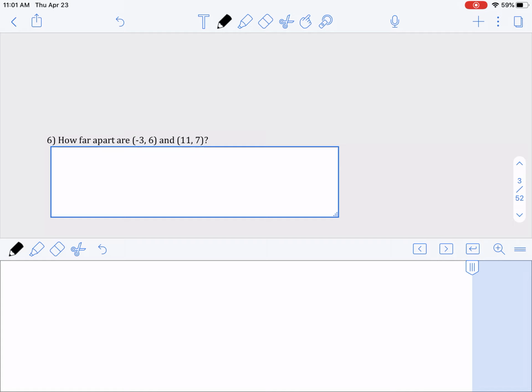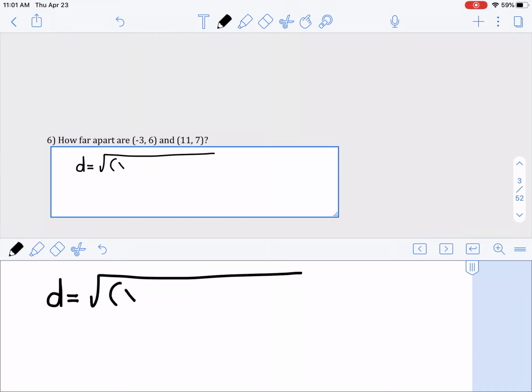And again, this is a version of the Pythagorean theorem. And when we get to the graphing, you might use Pythagorean theorem instead of this, but for now we're going to use the formula. So we have the difference in the x's squared. Whoops.